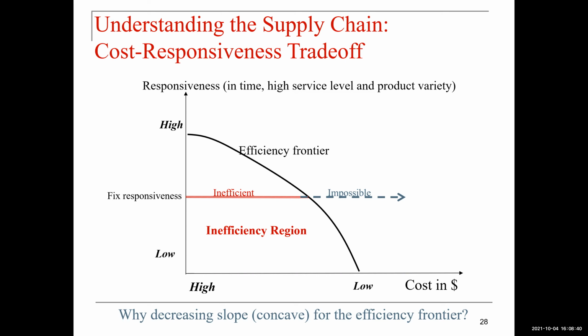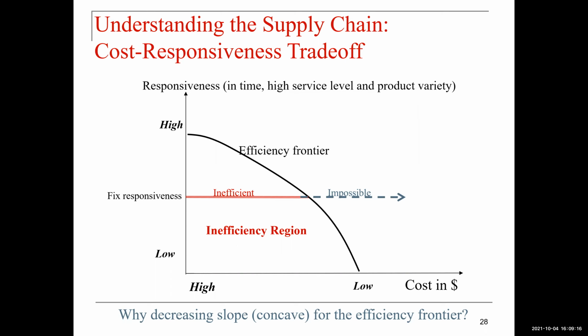So the question is, why a decreasing slope for this efficiency frontier? Basically, that's the answer. If the customer is willing to pay a high price or high amount of money for a product, you have to be able to meet those needs in a very responsive way. As the cost goes down, that means the customer might have more options, more other companies to offer the same product.